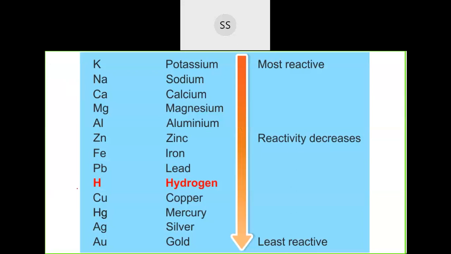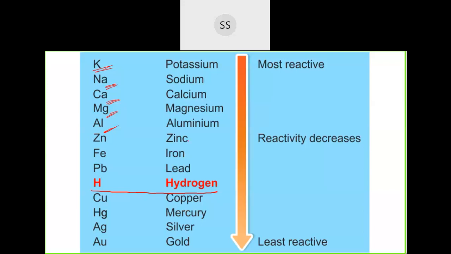This you might understand with the reactivity series also. Which element will displace the hydrogen? The one which comes above it in the series, like potassium, sodium, calcium, magnesium. These are more reactive elements. This is the series that you have studied. Based on the reactions, the reactivity series was given out.